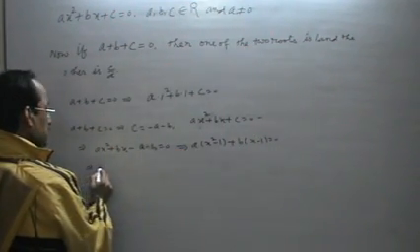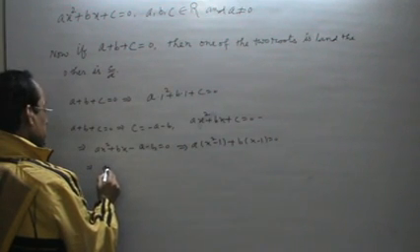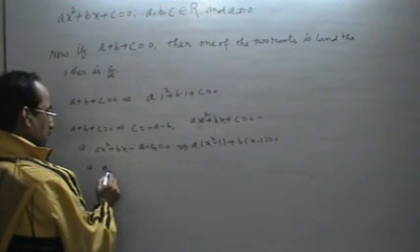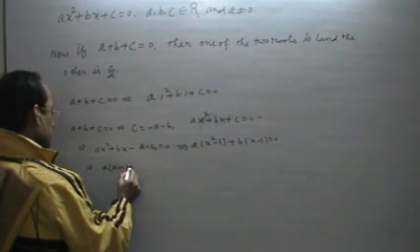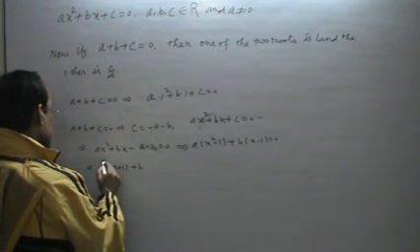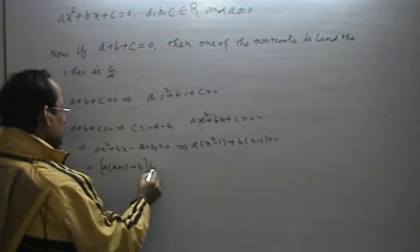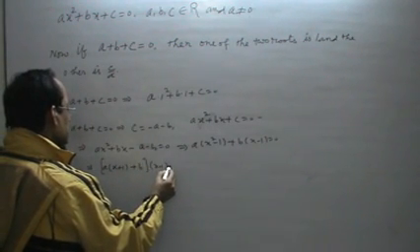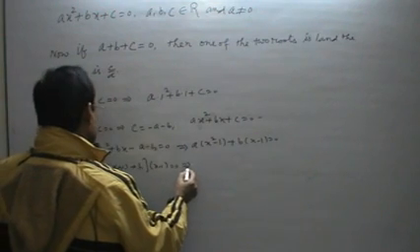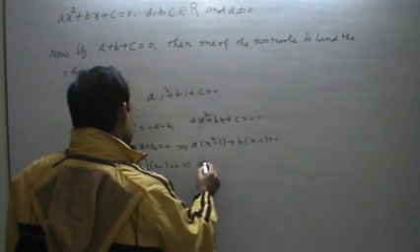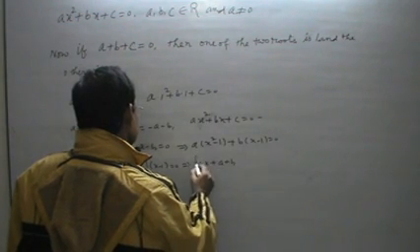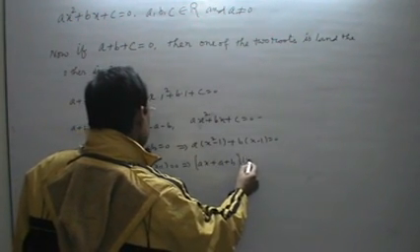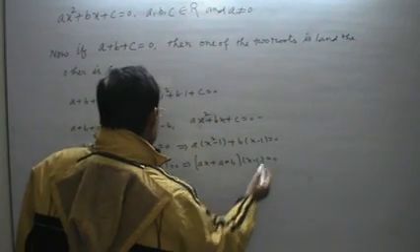This implies a(x + 1) + b into (x − 1) equal to 0, which implies (ax + a + b) into (x − 1) is equal to 0.